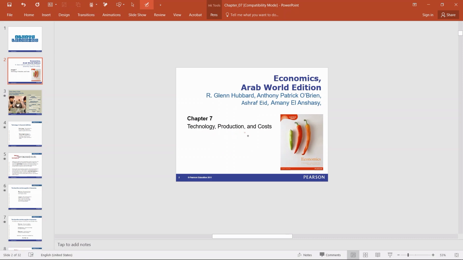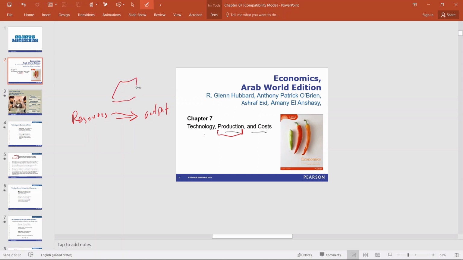So the chapter is focusing mainly on these two sides of a production process, which is production and cost. And the notion of production is related to the use of resources and how to turn these resources into output.